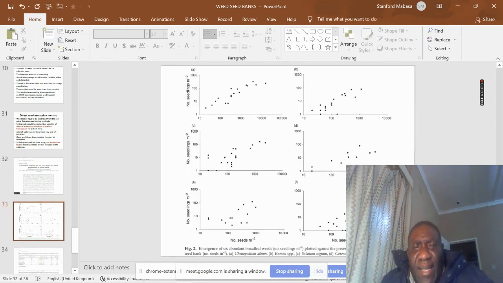So there's a linear relationship between weed seeds in the soil and the weeds that emerge. So all these graphs are pointing to that effect. If you read that paper, you will get explanation of this.